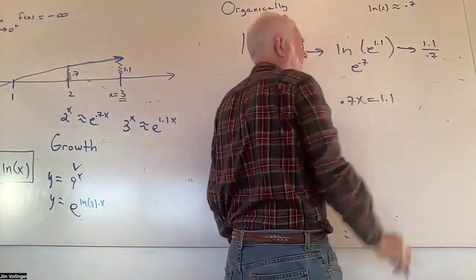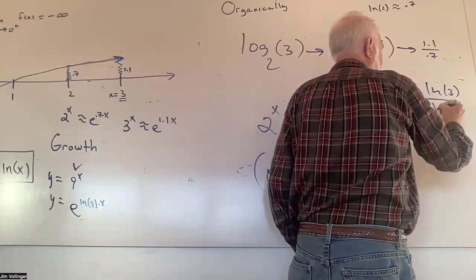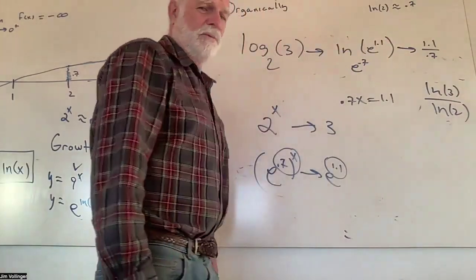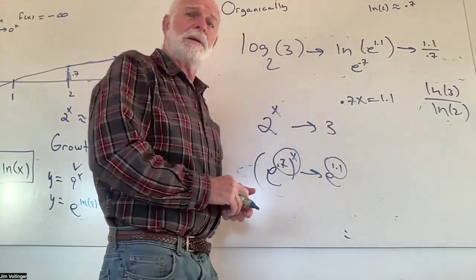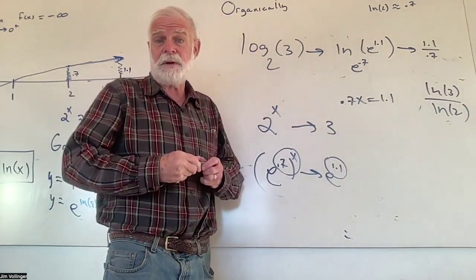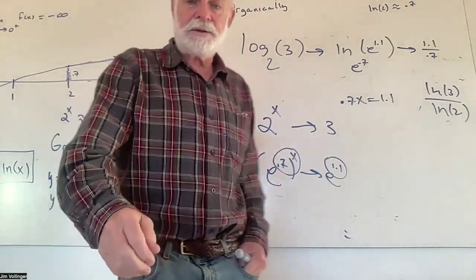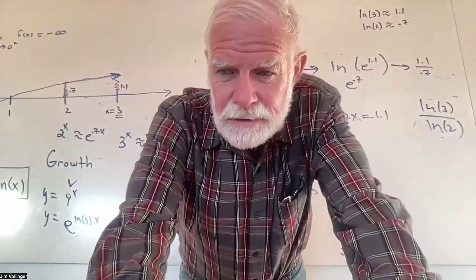Well, what is 1.1 over 0.7? It's the ln of 3 over the ln of 2. That's your change of base formula, right? And you get a little feel for it. You start to get a little feel for something, and if you know where something comes from, yeah, it makes more sense. All right, so there's just a little work on rules of logarithms, and good luck.